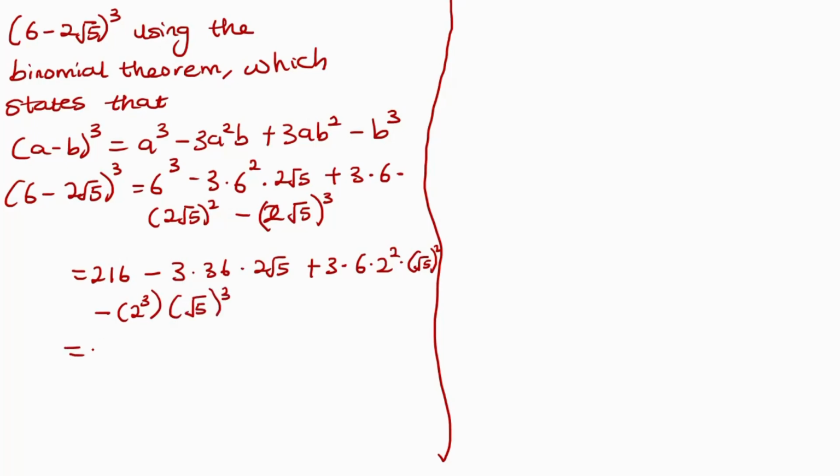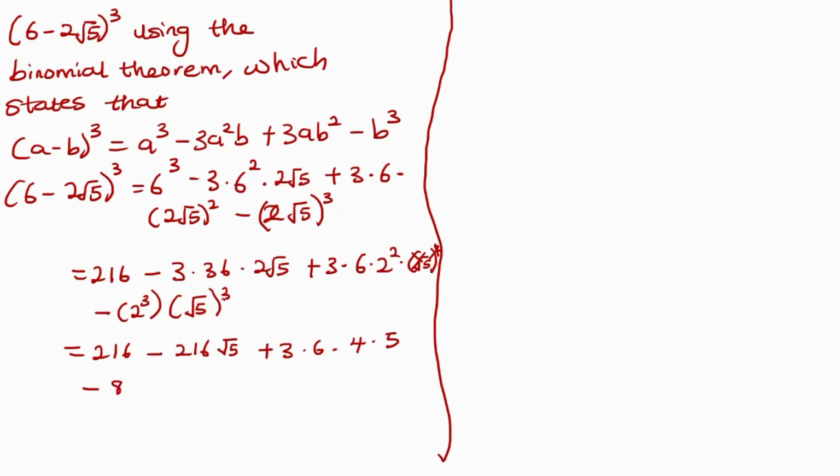So this is equal to 216 minus 3 multiply 36 multiply 2, which is going to give us 216 root 5, plus, so at this point we have 3 multiply 6 multiply 2 squared is 4. At this point the square root is going to cancel out the square, so we have 5. Minus 2 raised to the power of 3 is 8, so we have 8.